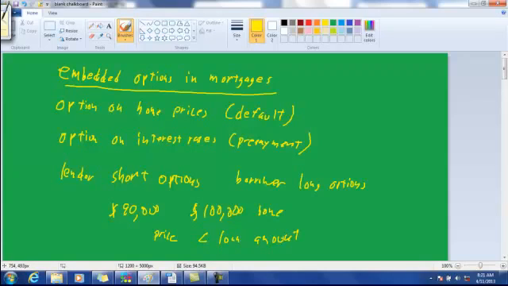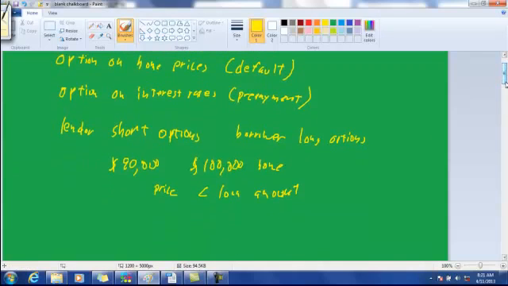So people talk about your mortgage being underwater, and by the same token, when the house price is less than the loan amount, people call the borrower upside down, or the mortgage underwater, and from the point of view of the lender, the default option is in the money.